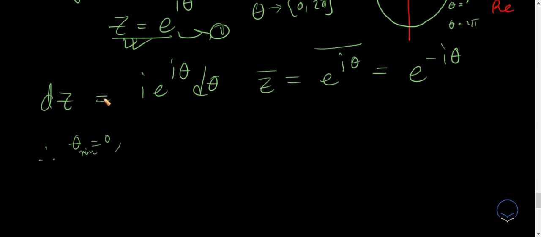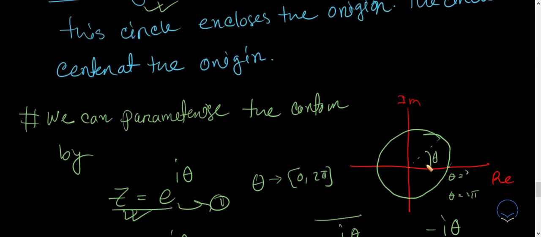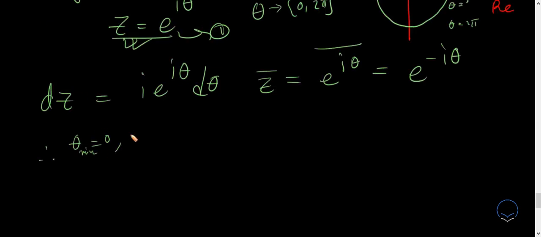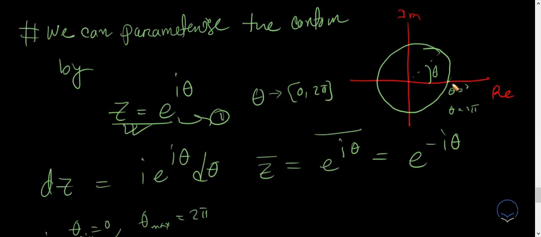So instead of thinking of integration as a variable of z, you can now shift this thing into the theta parameter, and since you are enclosing the whole circle, the starting point is theta equals 0, and the last point, which corresponds to theta max, is just 2 pi. That is, you're starting from here, you're going all over this place and returning back over here.